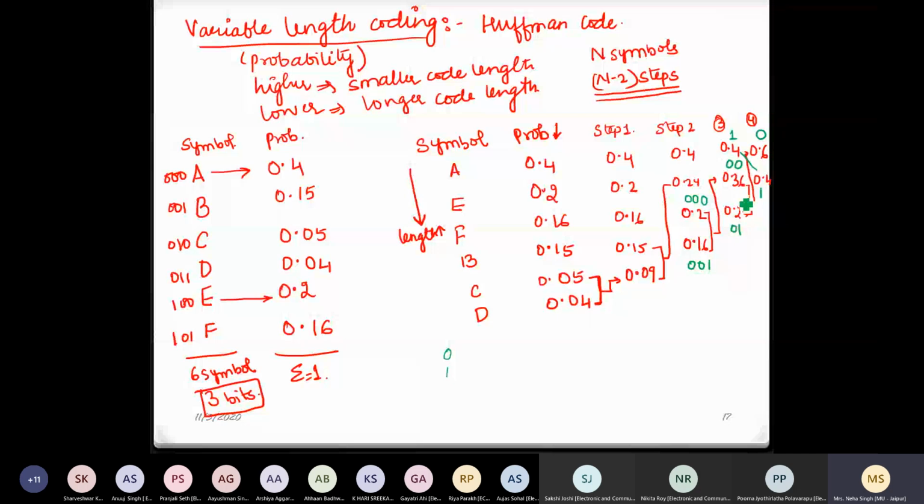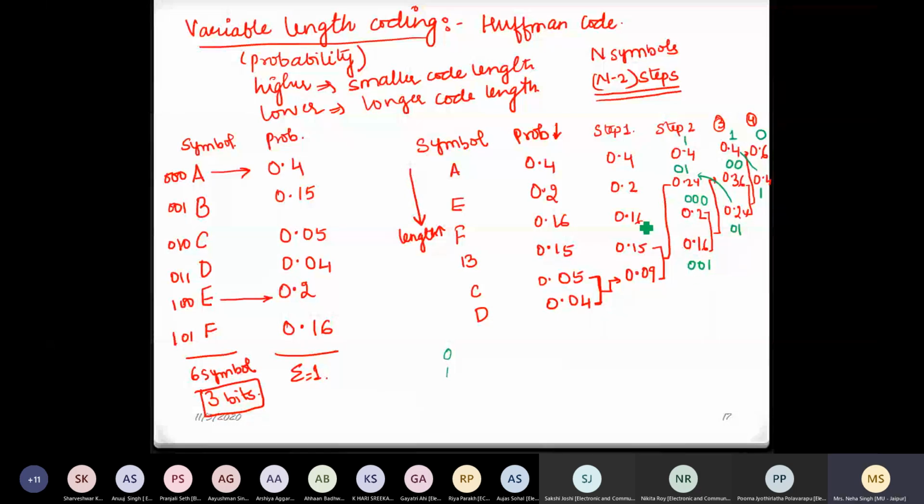Whereas the 0.24 was given the code 01. So 0.24 came from here, so I backtrace it. What is the code for 0.24? 01. What is the code for 0.4? 1. So I have the new codes for step 2.